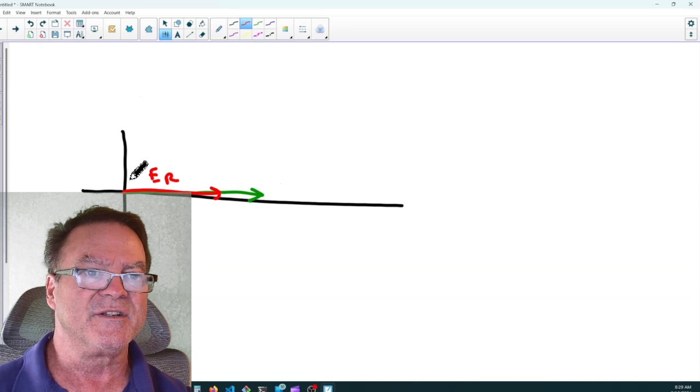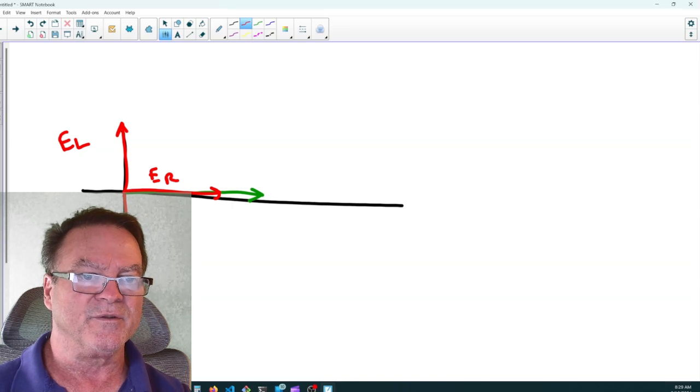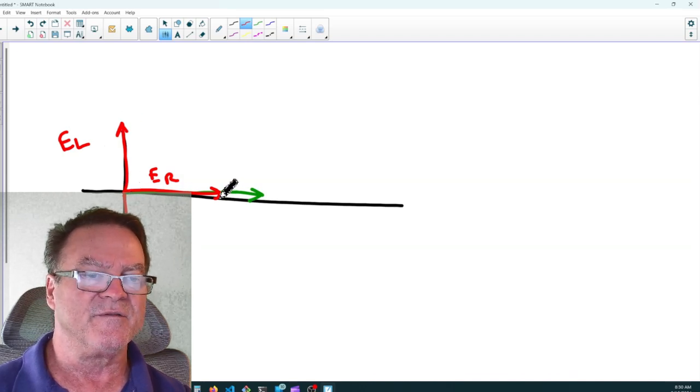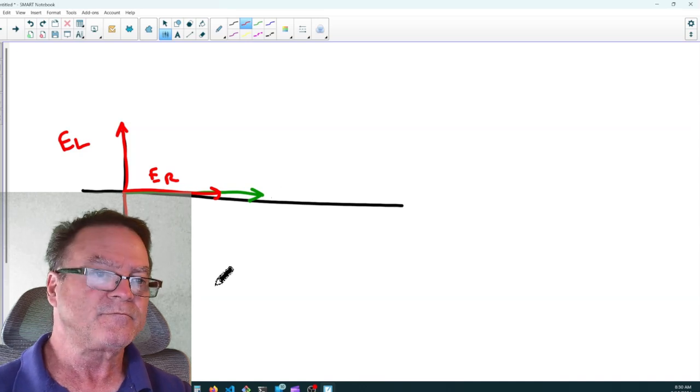ELI, voltage leads current, so here's my voltage drop across my inductor, and here's my voltage drop across my capacitor. ICE, current leads voltage in a capacitive circuit. So here's the inductive voltage drop and the capacitive voltage drop and the resistive voltage drop, all in a series circuit. Current is the reference.